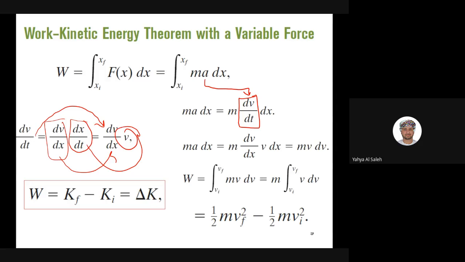So I end up having mv dv, the dx's cancel. The work is equal to the integral of mv dv. m is a constant, it goes outside. We end up with half m vf squared minus half m vi squared, which is final kinetic energy minus initial kinetic energy, which is delta K.